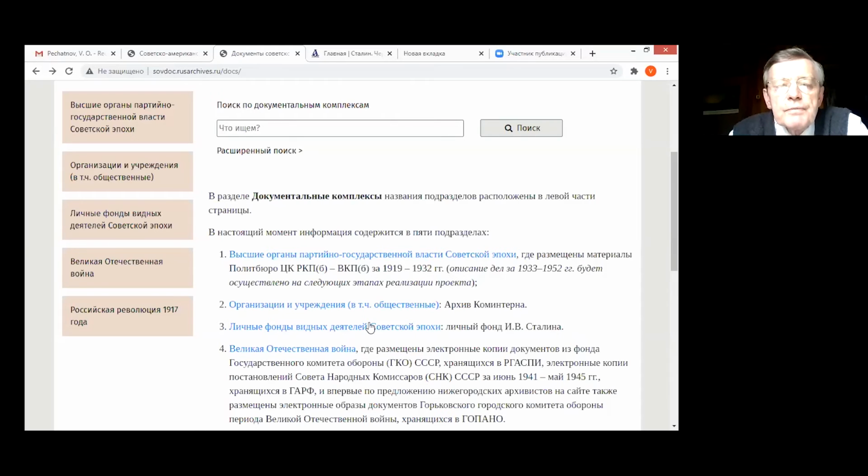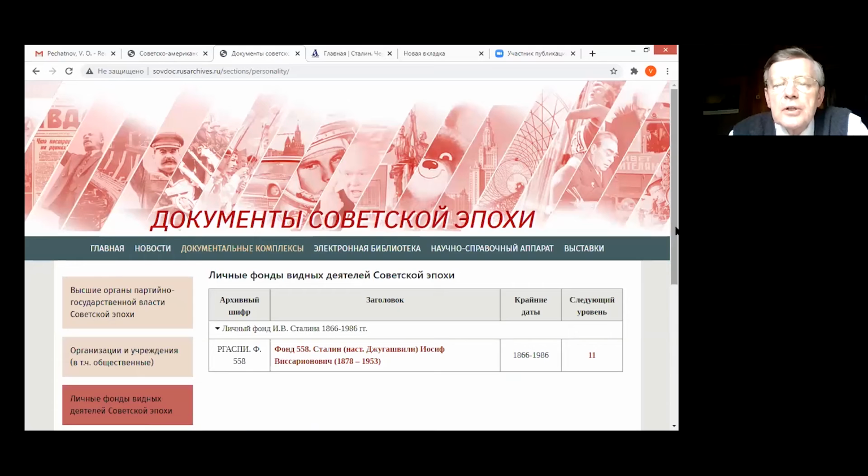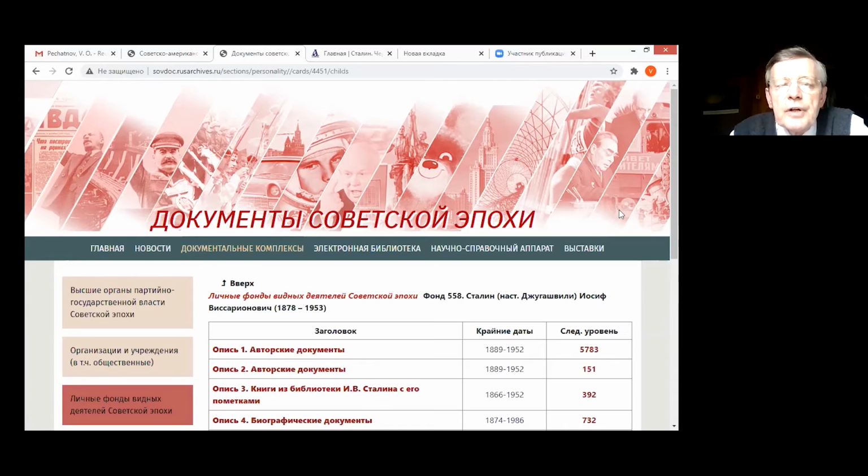So let's get to Stalin's Fund, which is a very rich collection of about 8,000 folders. For us, it's easy to operate. You just go down by the level and you have the OPIS here.